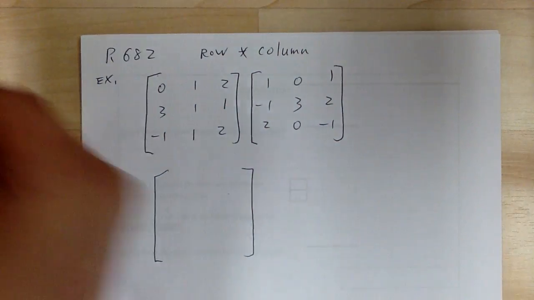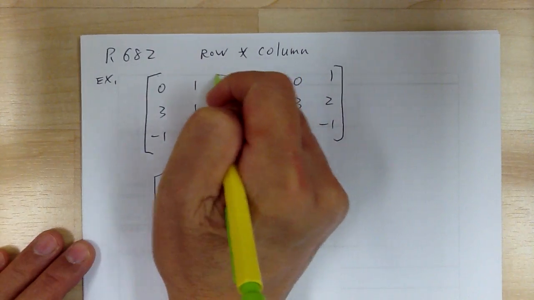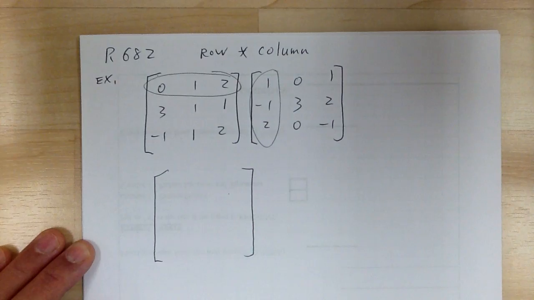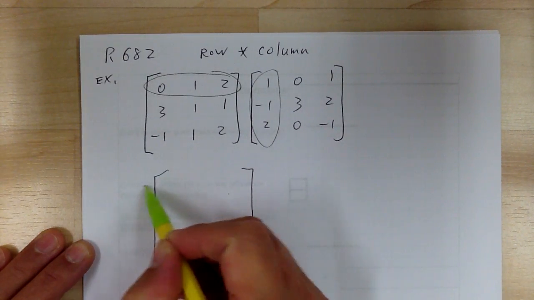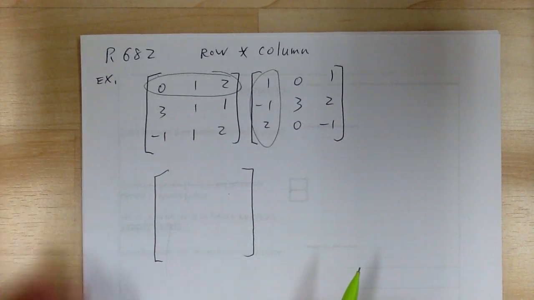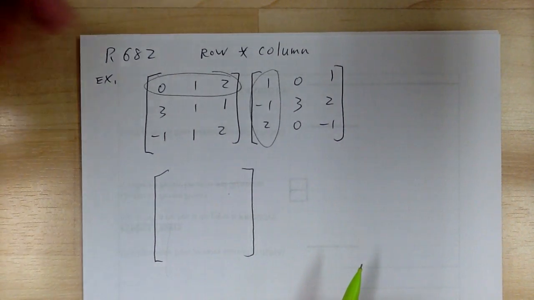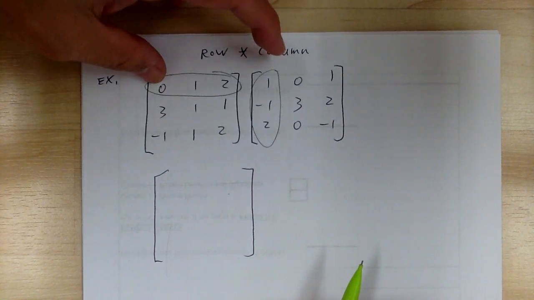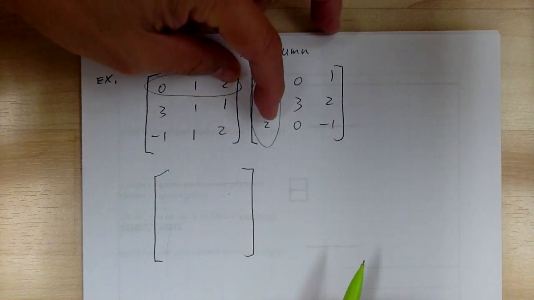For example, if you use this row over here times this column, the first row times the first column, your answer will go to the first row, first column. And this is what you're going to do. When you multiply, use your fingers. You multiply the corresponding numbers: first times first, second times second, third times third.